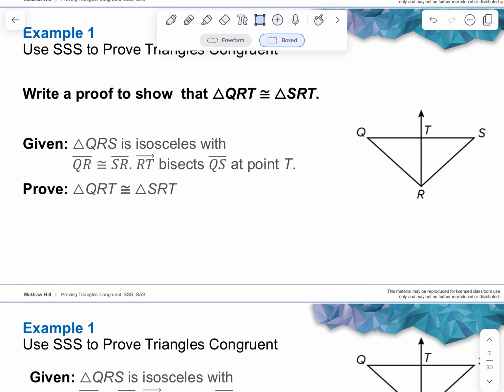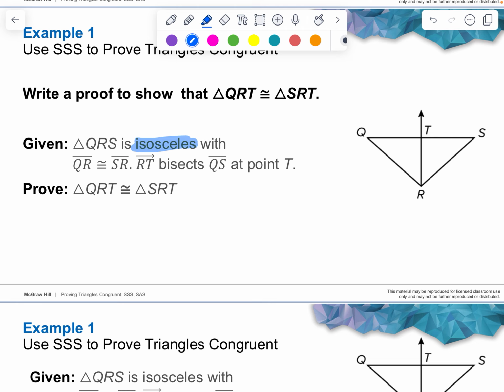So we're going to go ahead and write a proof, and you've got that down there to show how we use side-side-side. So they're giving you QRS is isosceles, which is funny because we haven't even talked about isosceles triangles yet, but hopefully you understand that term, but we'll talk about it a little bit.